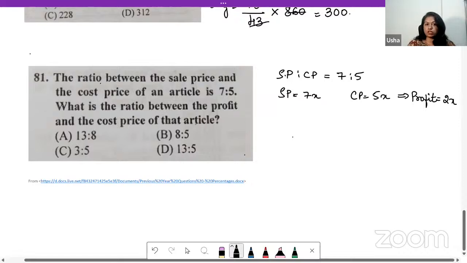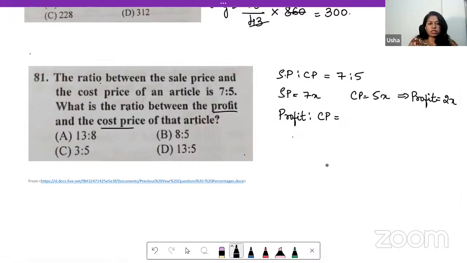Now they have asked us to find out the ratio between profit and cost price of that article. Okay, so profit is to cost price. The options are wrong here. I think they have asked profit percentage.